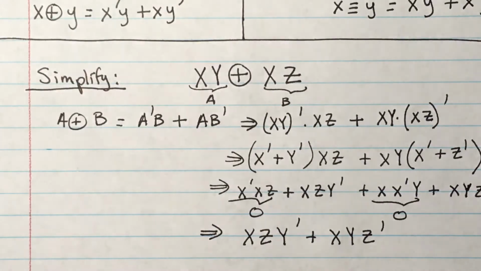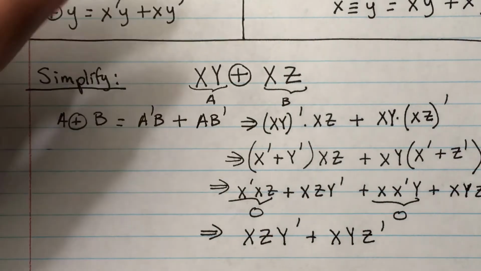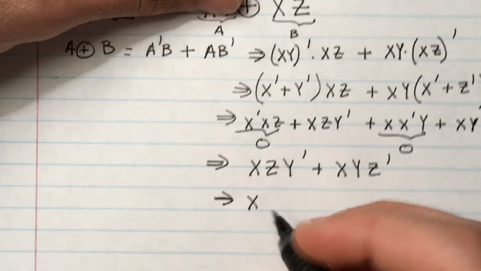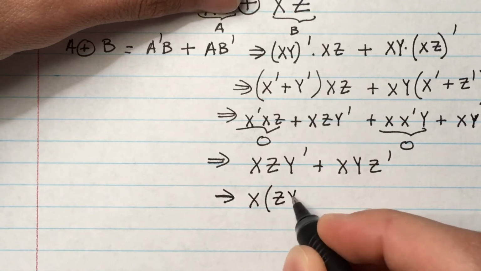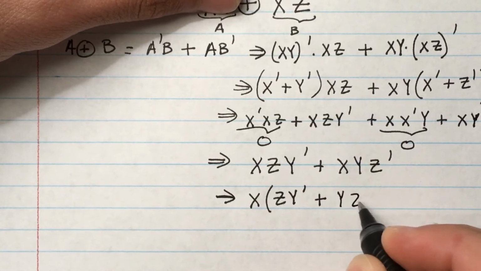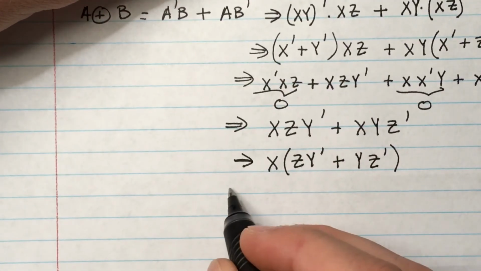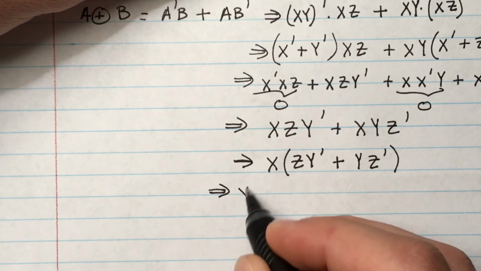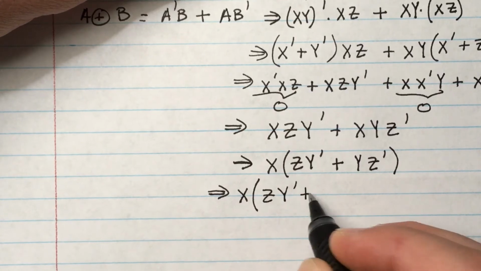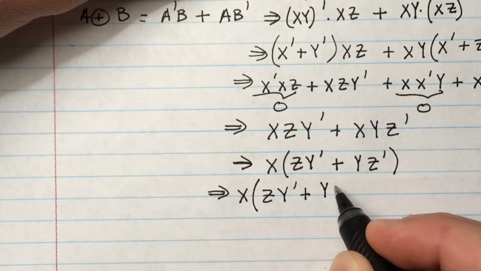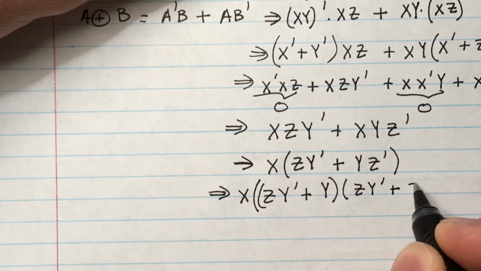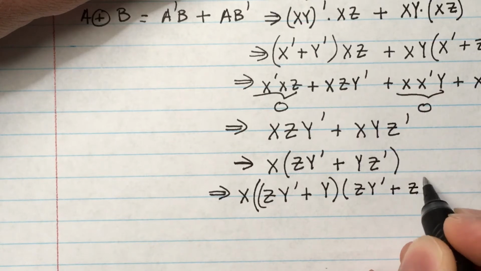Okay, and you could leave it, or you could simplify by factoring out the x. So you would have x, then z y prime plus y z prime. And you could take it a step further and simplify even more. That would then be z y prime plus y, and then z y prime plus z prime.